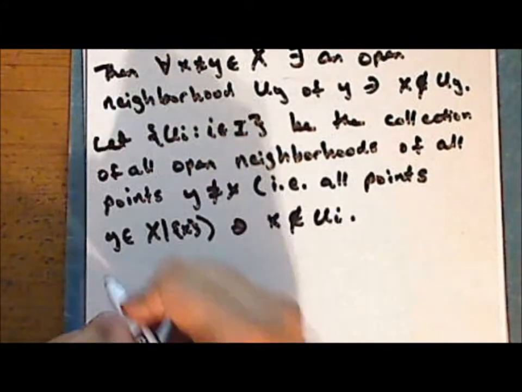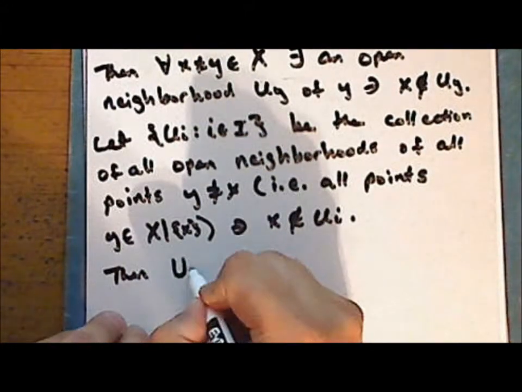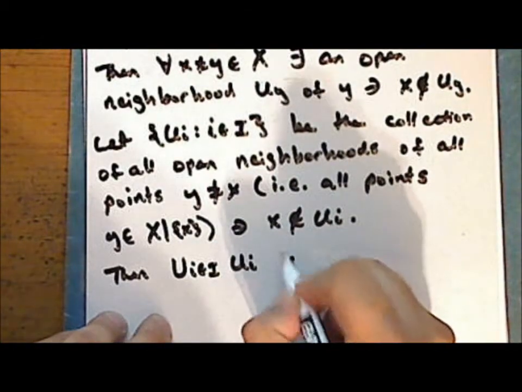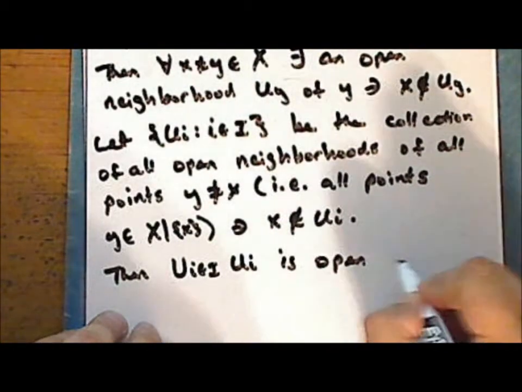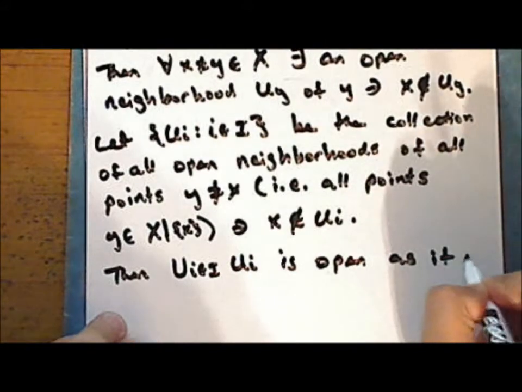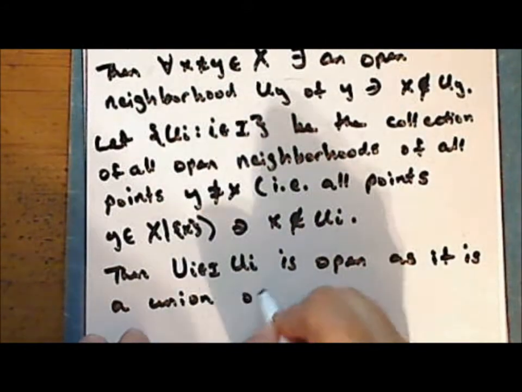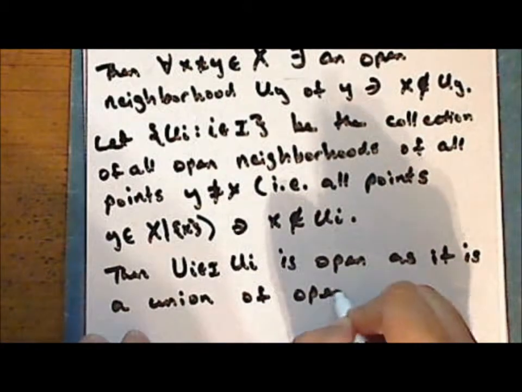Then the arbitrary union of these neighborhoods is open, as it is a union of open sets.